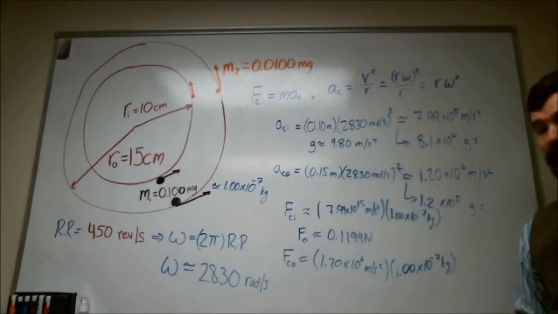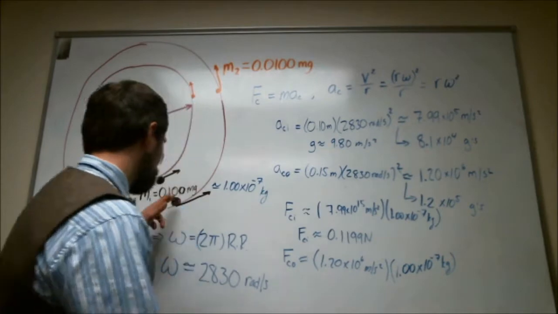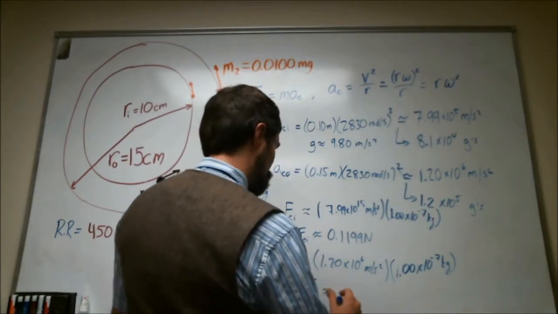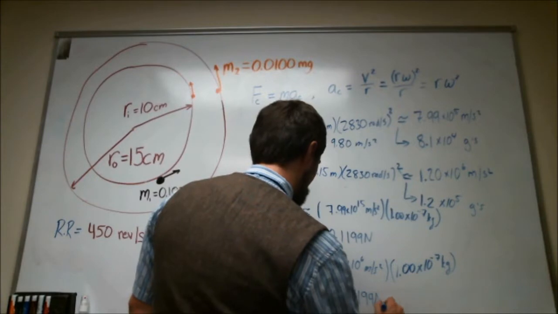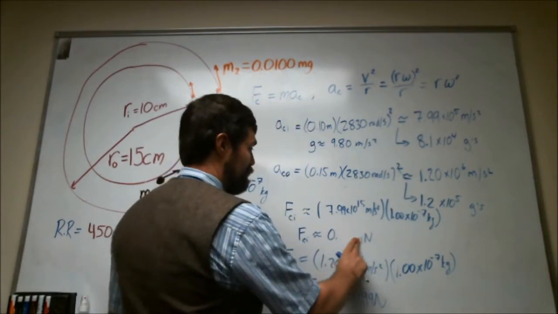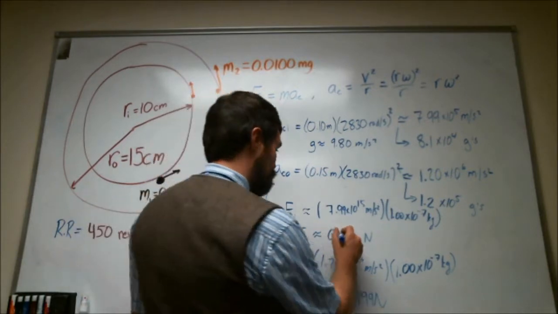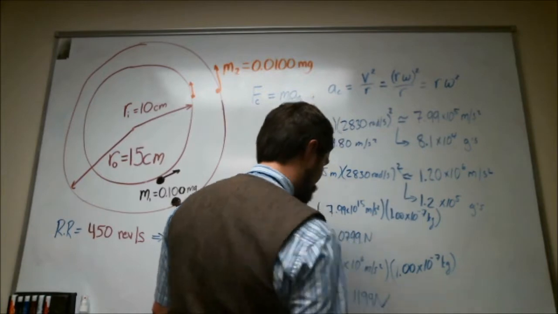Okay, so the total force then for this same object on the outer edge is going to be approximately 1199 newtons. Sorry, I wrote the wrong force down up here. It should actually be 0.0799. My apologies for that.